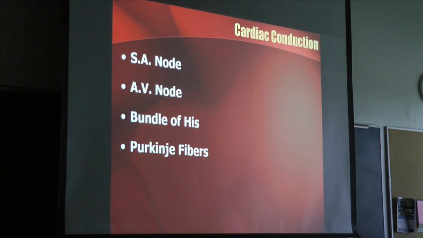All right, so the SA node will initiate an impulse, and then it's going to spread to the rest of the heart. That's where it starts, is in the SA node.